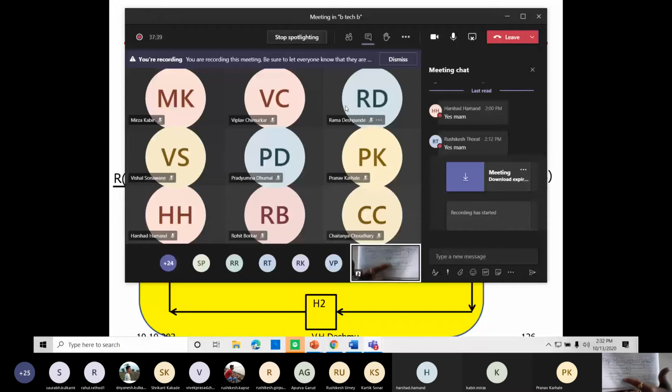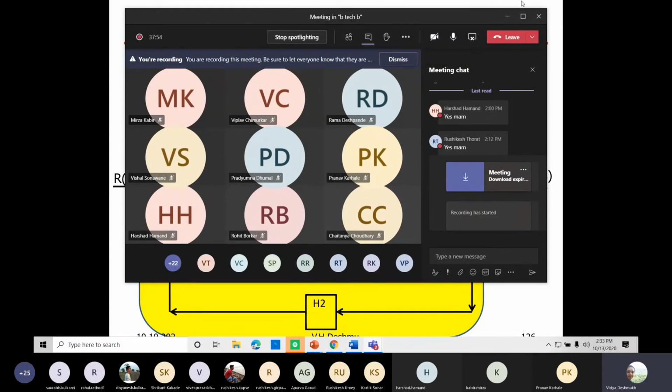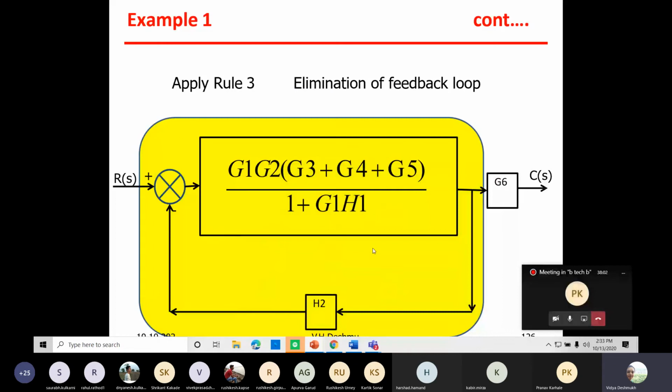After solving this, the denominator is cancelled and we get this equation. In the PPT I have directly written the answer.